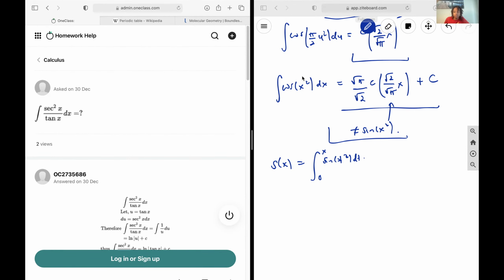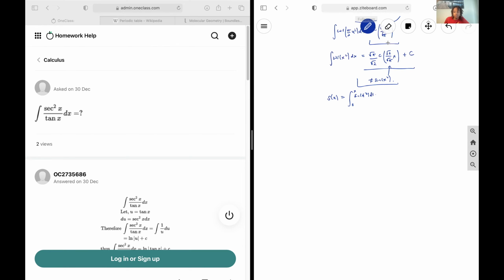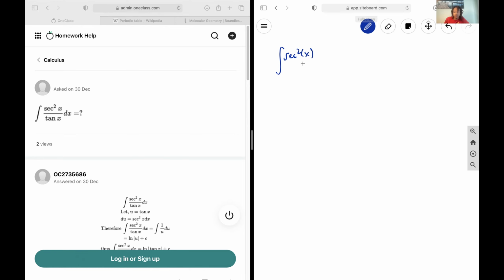Sorry about that. Next up, we are looking for this integral, and we're going to do it using substitution. So the integral of sec squared x over tan x dx.